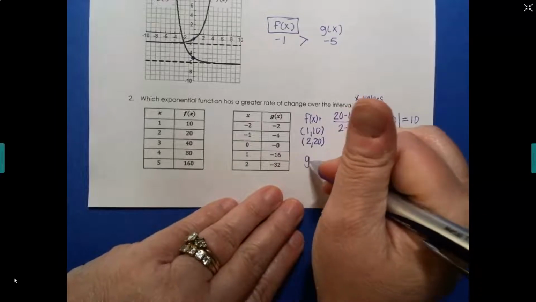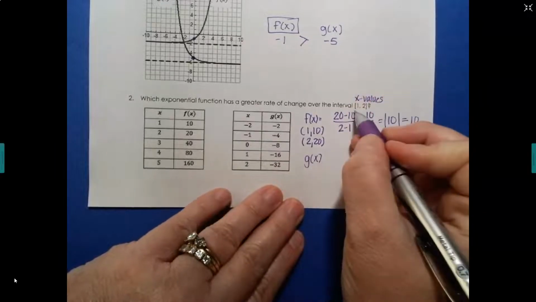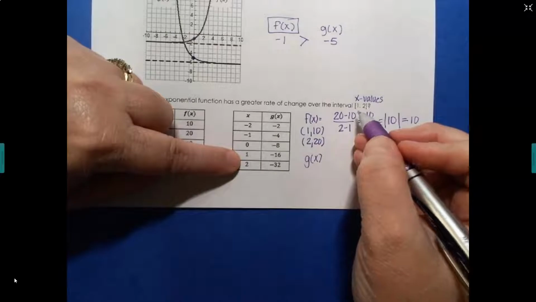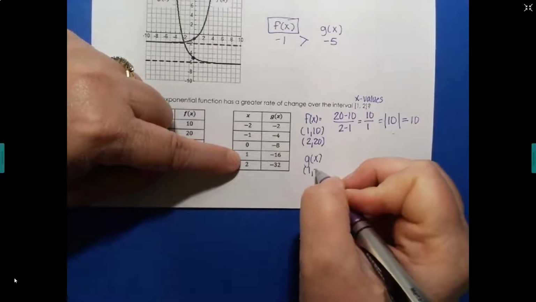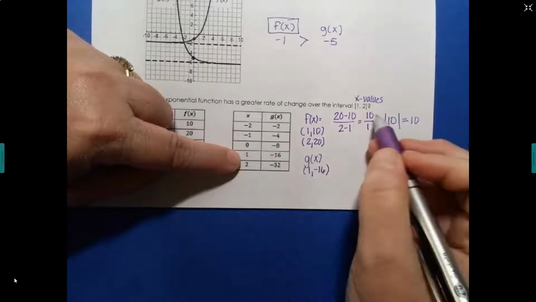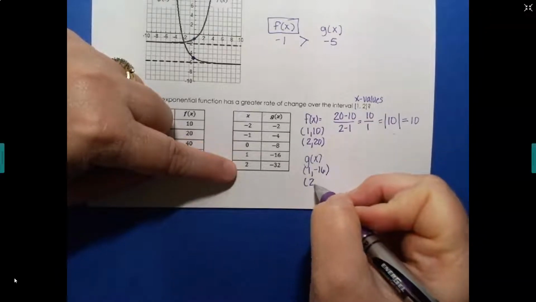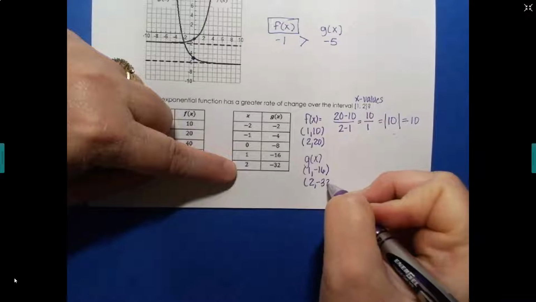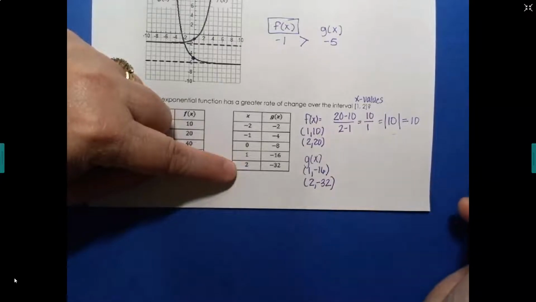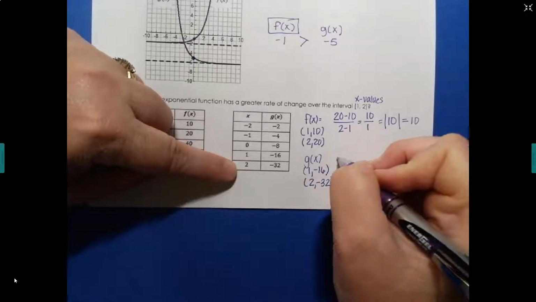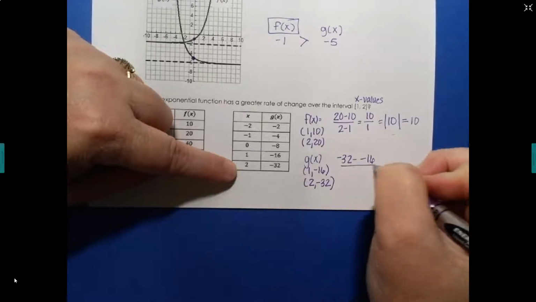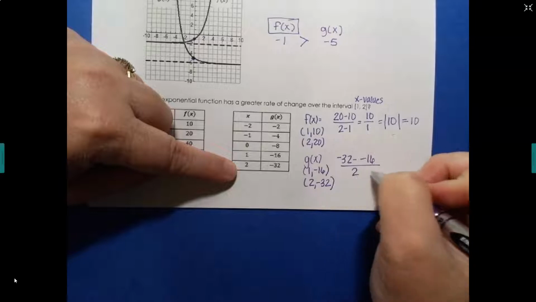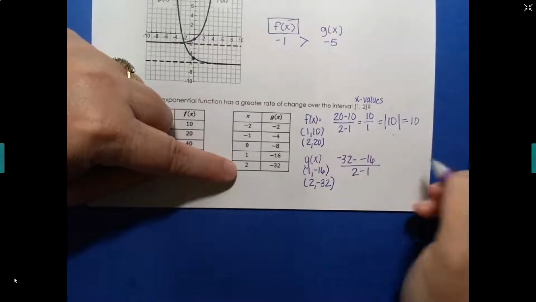Let's take a look at g of x. If your x value is 1, you have a y value of negative 16. And if your x value is 2, you have a y value of negative 32. Let's plug this into the slope formula. y2 minus y1 divided by x2 minus x1.